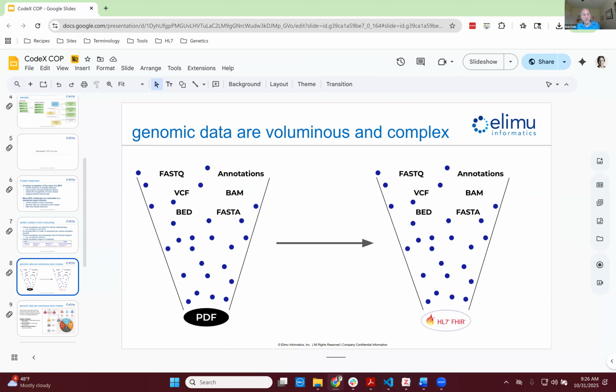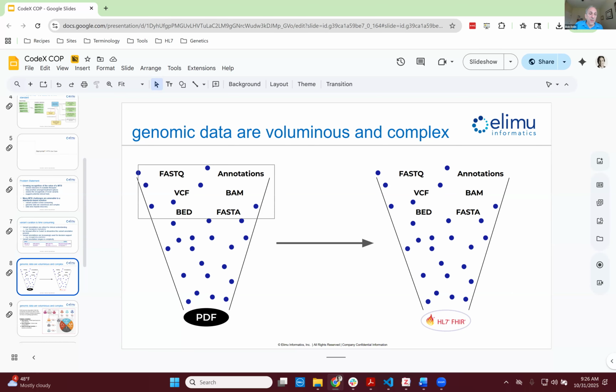Then we also found that there's a big genomic data bottleneck. The lab is generating rich amounts of highly structured data, although the data that the lab is collecting is in formats that are typically unfamiliar to clinical informaticists, and a little bit difficult for them to leverage.